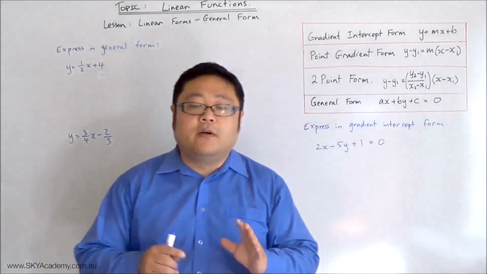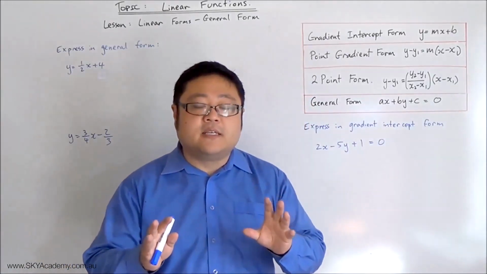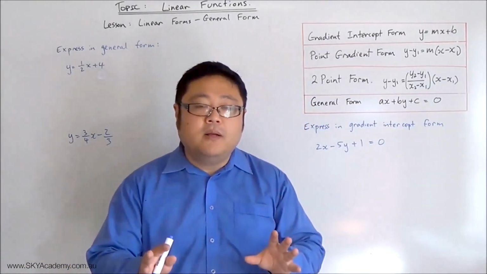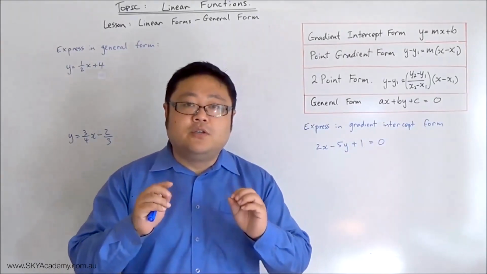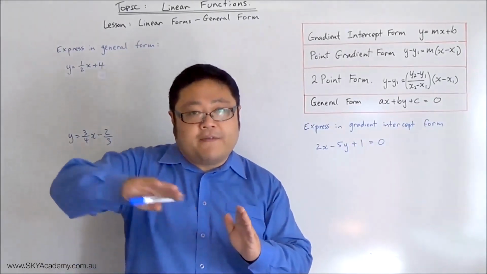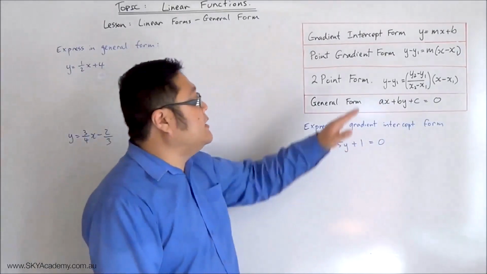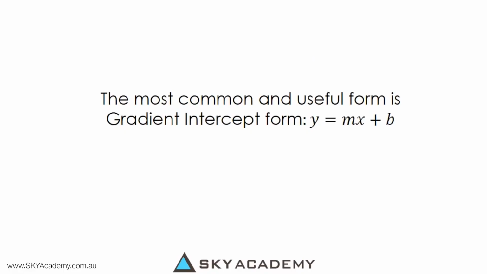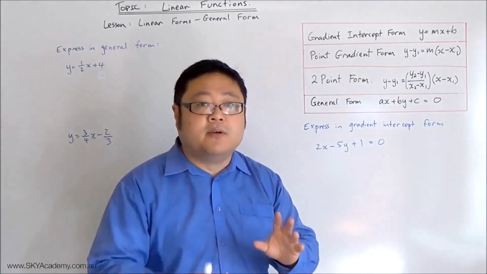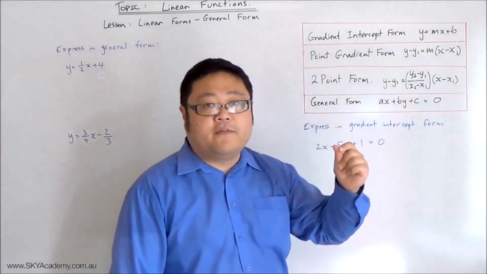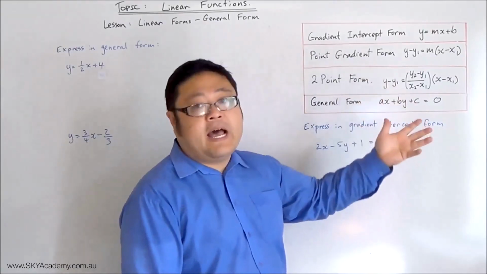Let me just start by saying this. The most common form and the most useful form for graphing a straight line is the gradient intercept form, y is equal to mx plus b, because it tells us the most information off the cuff about how to graph the function.